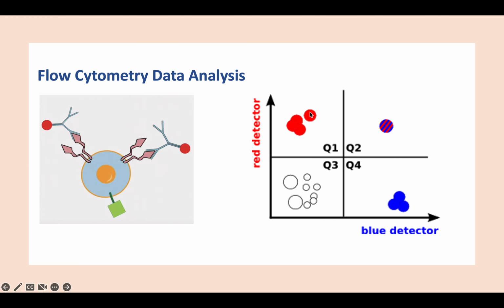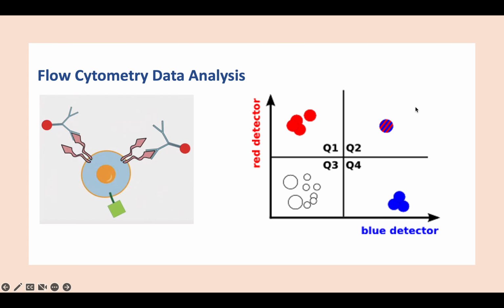So Q1 and Q4 represent the populations that are strongly expressing only one of the colors. Q1 represents the population that expresses red fluorescent protein, whereas Q4 represents the cell population that's expressing only BFP. Over here in Q2, these cells are called double positives because they're expressing both red fluorescent protein and blue fluorescent protein.